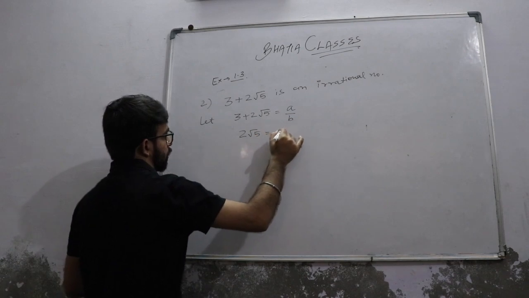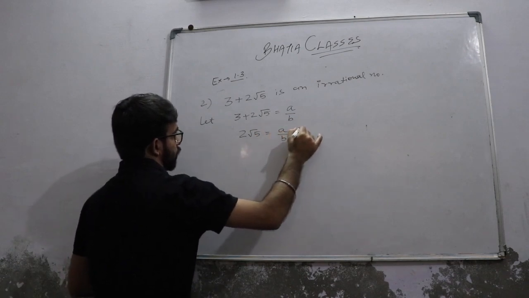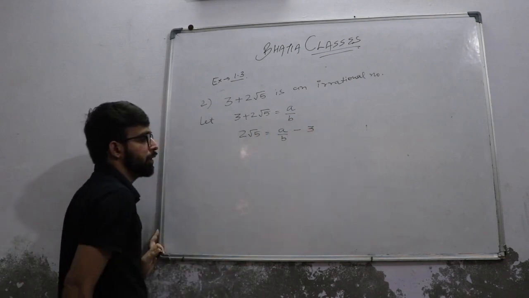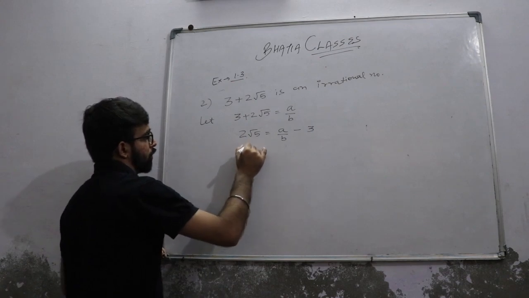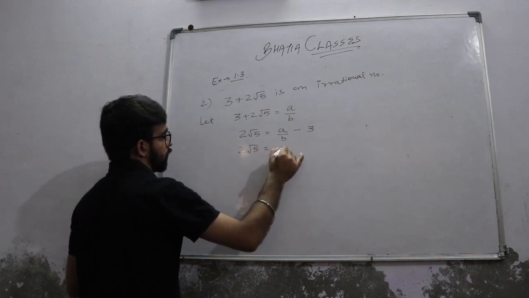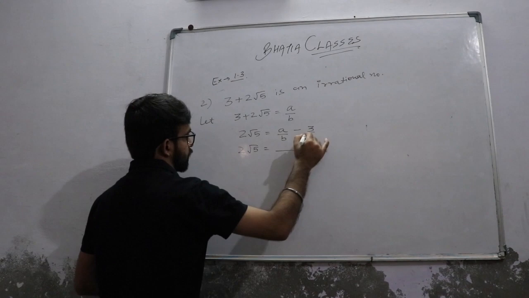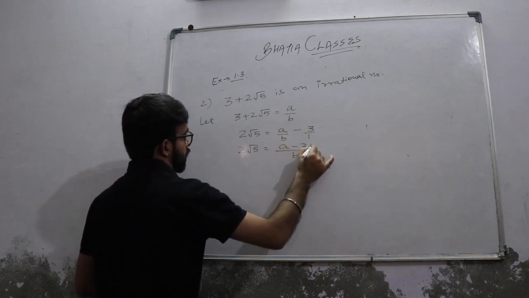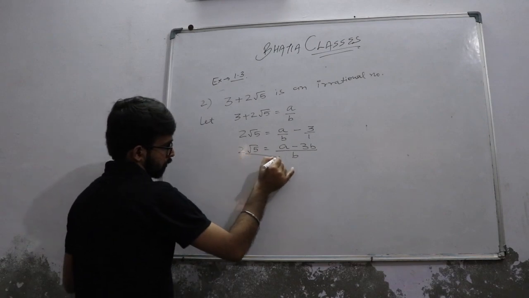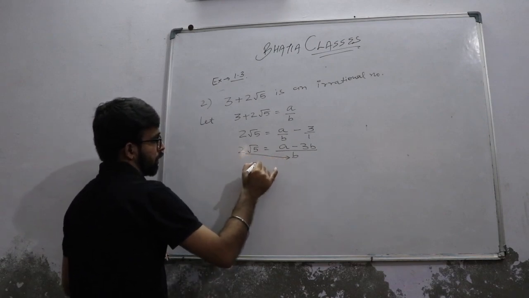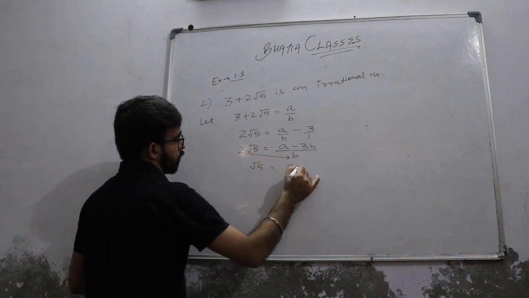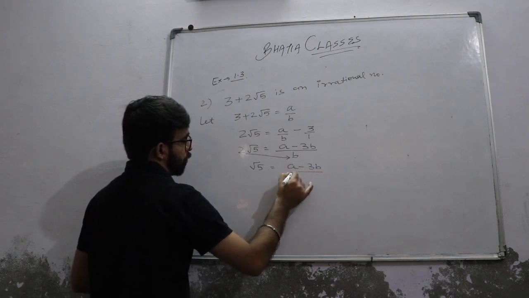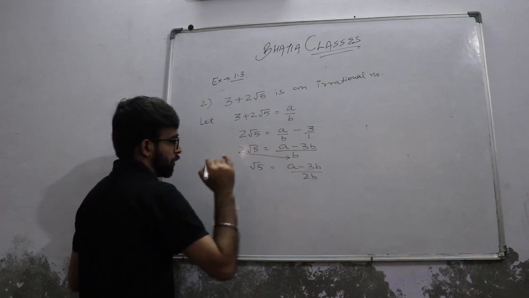Take 3 to the other side of the equal sign: a by b minus 3 is equal to 2 root 5. By taking the LCM, (a minus 3b) by b, 2 root 5 is equal to (a minus 3b) by b, so root 5 is equal to (a minus 3b) by 2b.